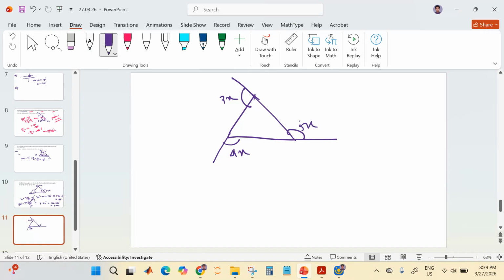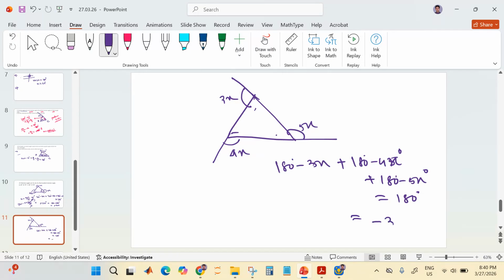Then these three are 180 degrees minus 3x, plus 180 degrees minus 4x, and 180 degrees minus 5x, equal to 180 degrees. So three times 180, minus 360 degrees will be on the right side, because 180 will cancel and two 180s come to the right-hand side. So it is minus 360.